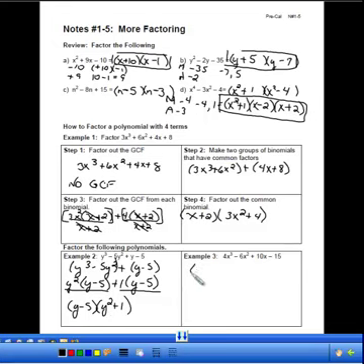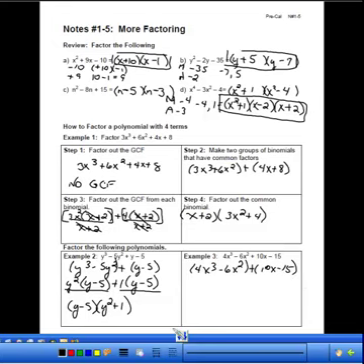Alright, let's group this example 3. We have 4x cubed minus 6x squared, that's a group, plus 10x minus 15.